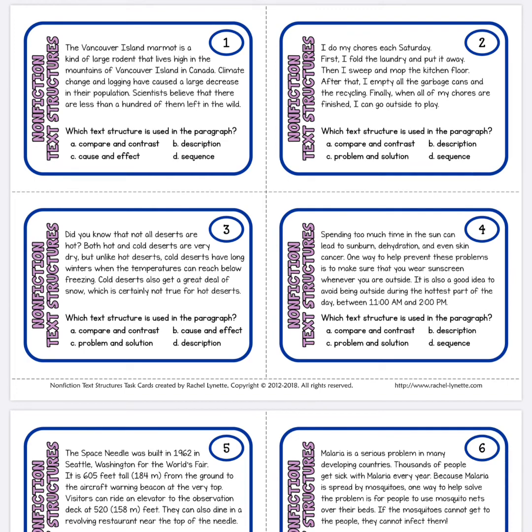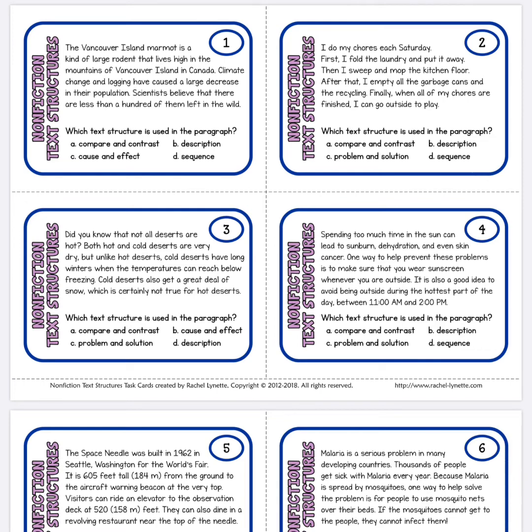So thinking about this, what text structure is used in the paragraph? Is it compare and contrast? And let's just do a process of elimination. We'll probably eliminate compare and contrast because they didn't talk about two things at all. Okay? Let's look at description. Possibly, because they did describe this marmot as being a large kind of rodent, so let's just set that one aside and see.